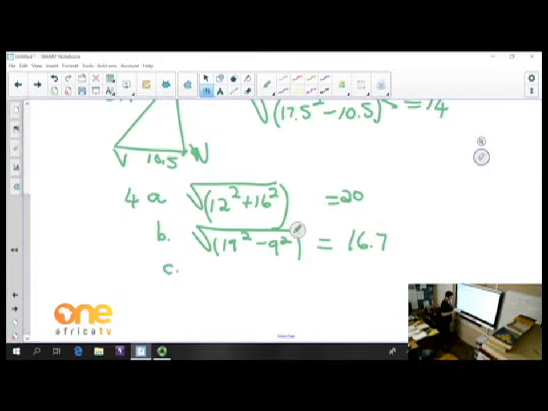Number C, are you going to add or subtract? I'm going to subtract. So it will be 26.4 squared minus 12.3 squared is equal to, okay, and we can do that one again then, square root of brackets, 26.4 squared minus 12.3 squared, close, is equal to, and I have 23.4.